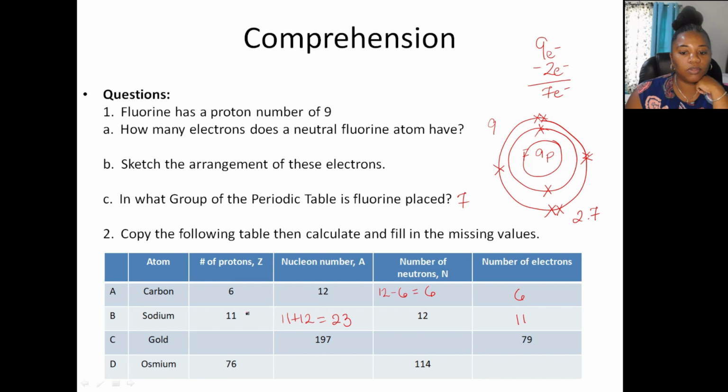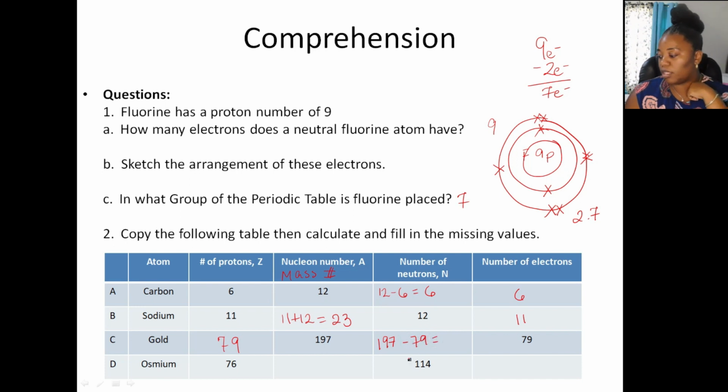In this case, we have 79 electrons for gold, so therefore you will have 79 protons. The nucleon number is 197. Nucleon number is also mass number, if you forgot. So to figure out neutrons, you will say 197 minus 79.